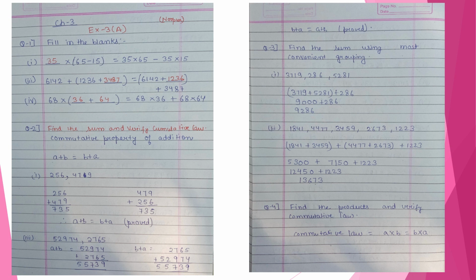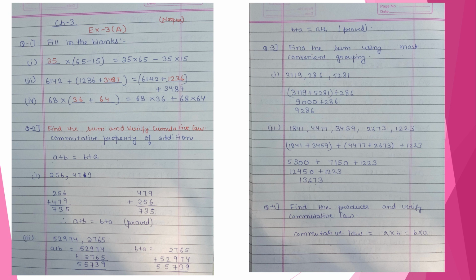Question number 3. Find the sum using most convenient grouping. First part is 3719, 286, 5281. So we'll see the ones digit of the first number and the last number, 3719 and 5281.